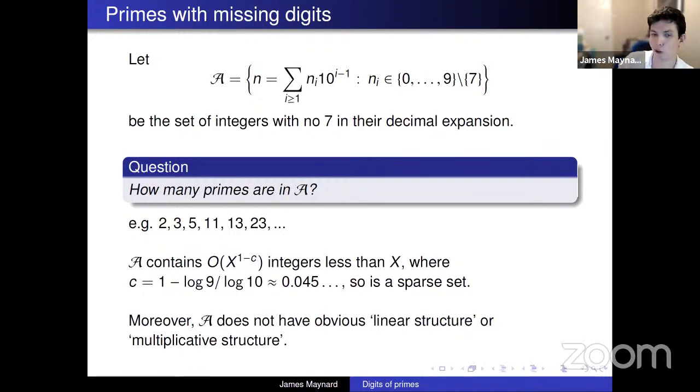It's much rarer to not have any 7s in your decimal expansion than it is to be a prime number, for example. And moreover, this set A doesn't have any terribly obvious linear structure or multiplicative structure in the senses that I mentioned before. There's not any natural multiplicativity or terribly linear structure in this set, but it will have some exceptionally nice Fourier properties, which is really what we're going to be able to exploit.